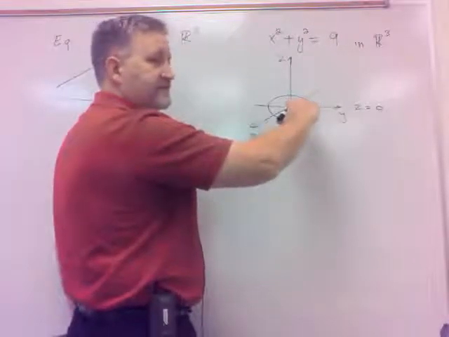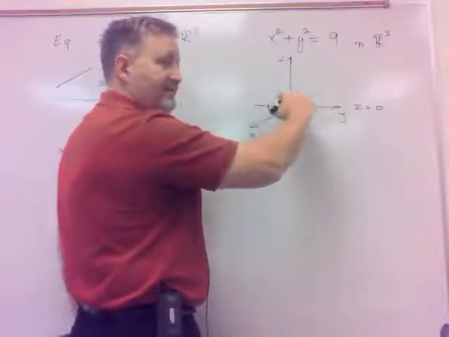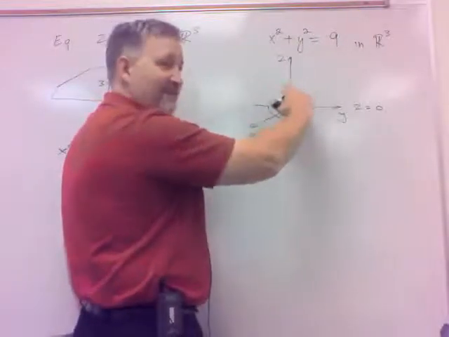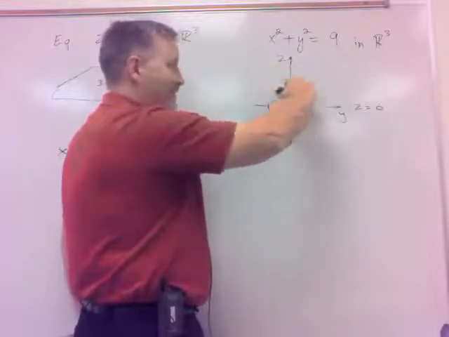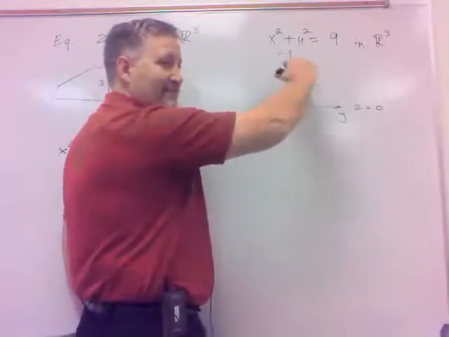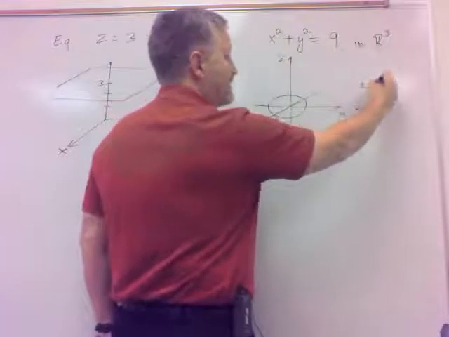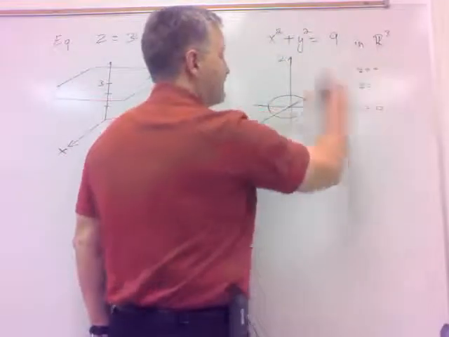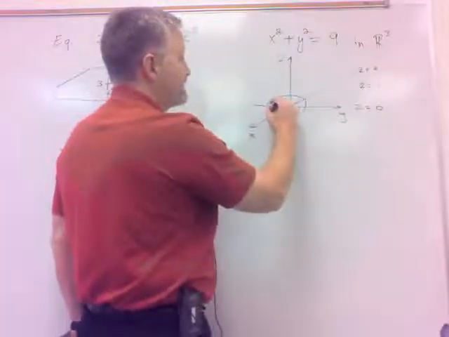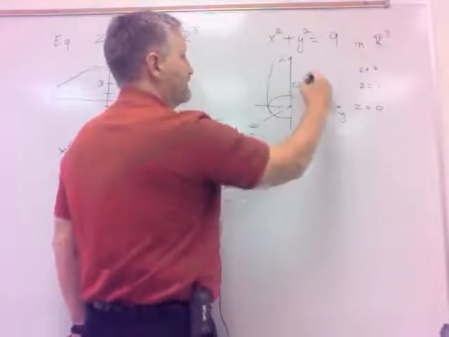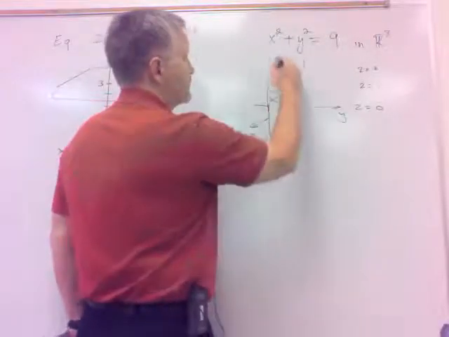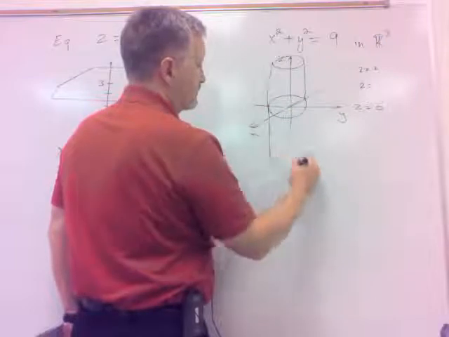If we move to z equals 1, then we've got another layer to it. It's a circle at level 1 and then a circle at level 2, and so you just keep building there, and you can kind of see that that's just going to be a pole.